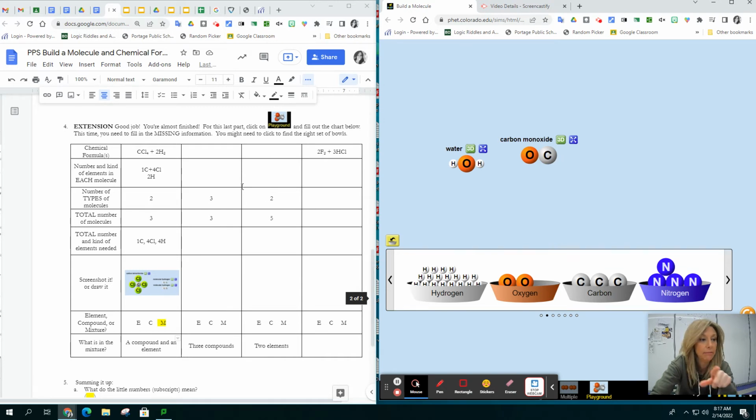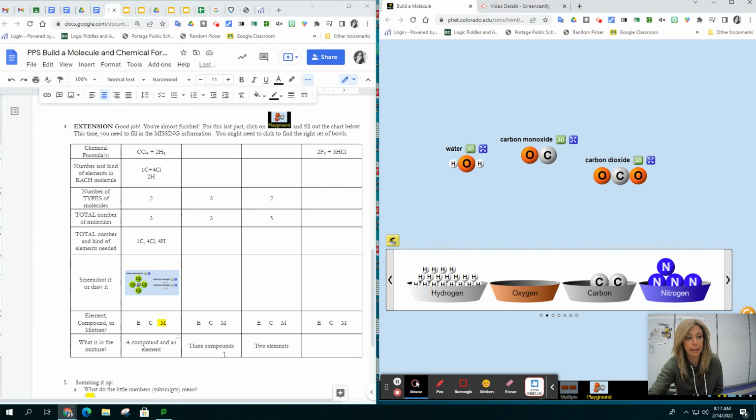And I only need one of them because I'm making only 3 molecules. Well, I know carbon monoxide. That kind of reminds me of carbon dioxide. Now, did I follow all the rules? I've made 3 types of molecules. I've made 3 molecules total.